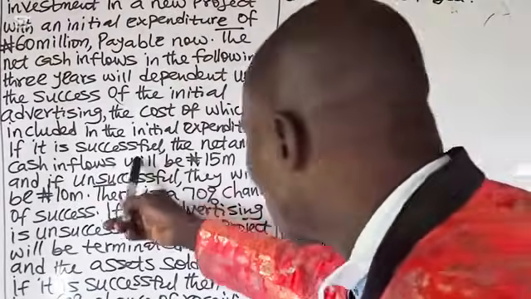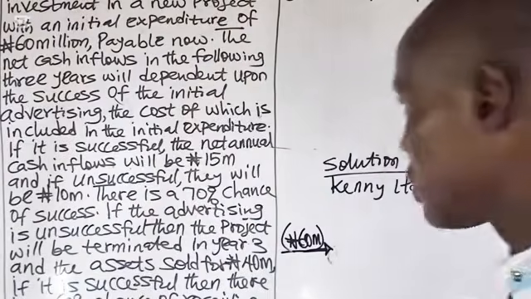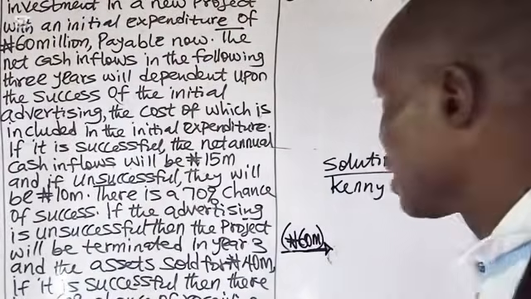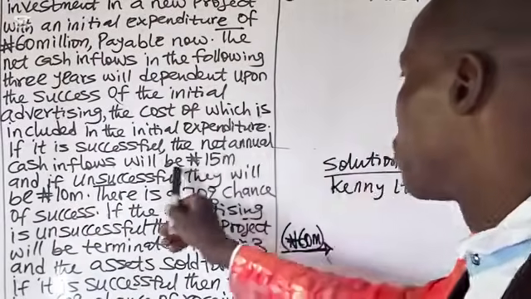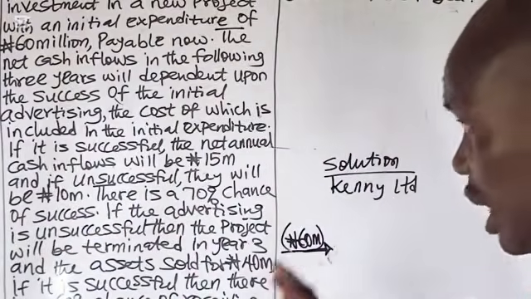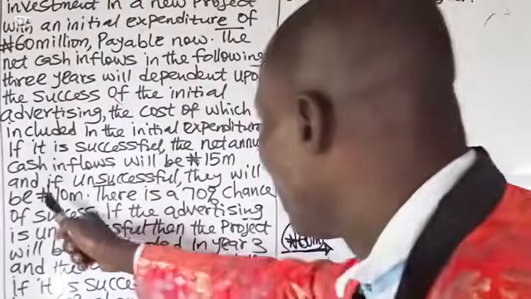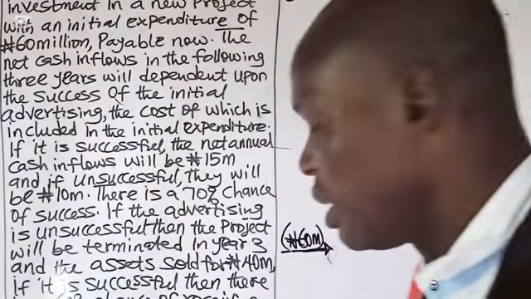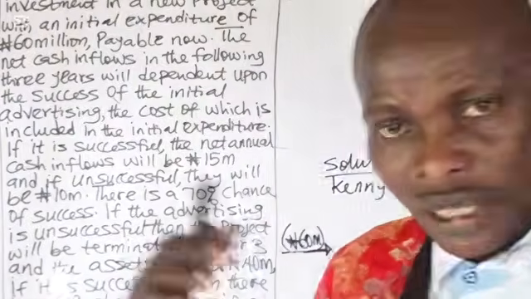If it is successful, now you have the condition. If the advert is successful, the net annual cash inflows will be 15 million. And if unsuccessful, there will be 10 million. So you have 2 possible outcomes, successful or not successful.